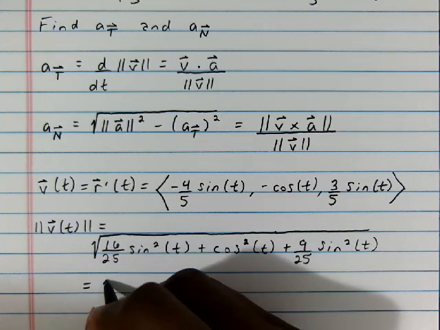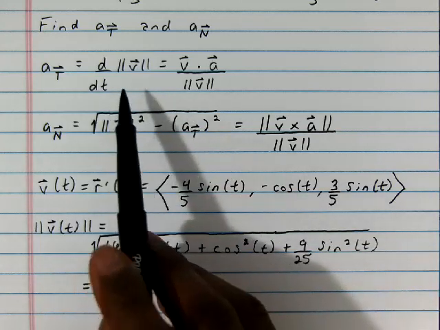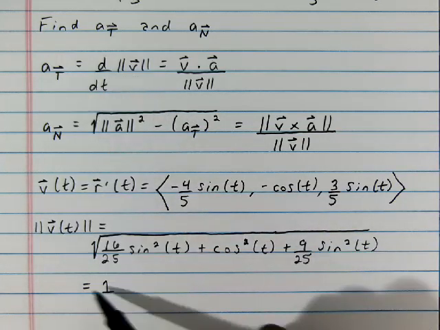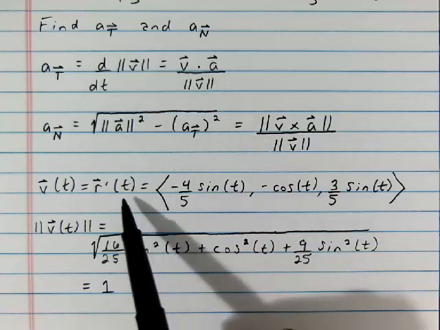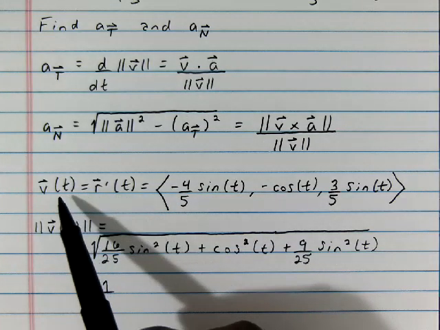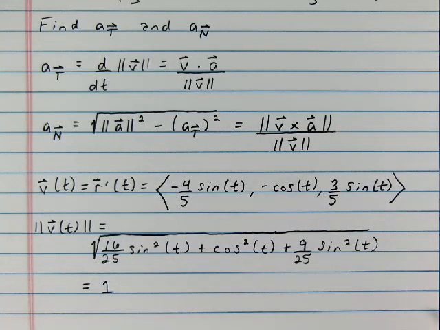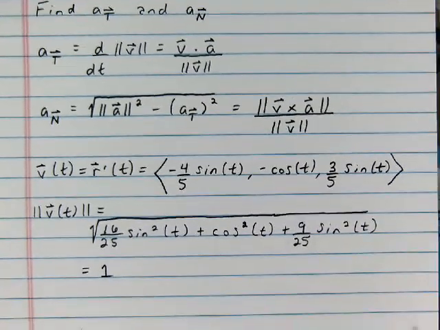Which equals 1. So now in our choice of formulas, we could either take the derivative of 1, or we could find the derivative of this and take its dot product with v dot with a, and then divide by 1. It's much easier, of course, to take the derivative of 1, so we're going to go that route. So a sub t.